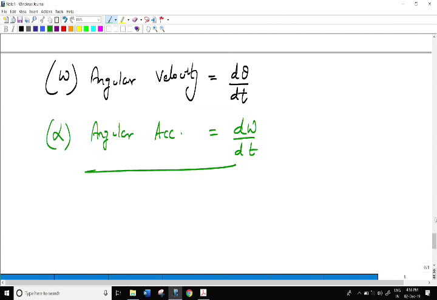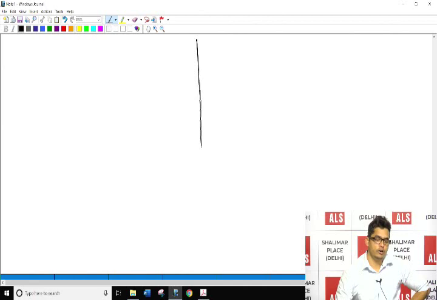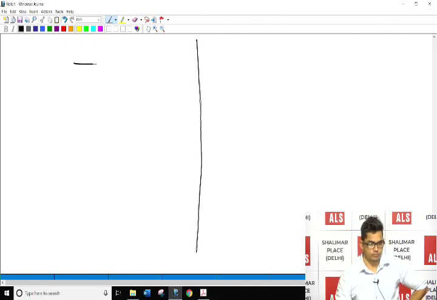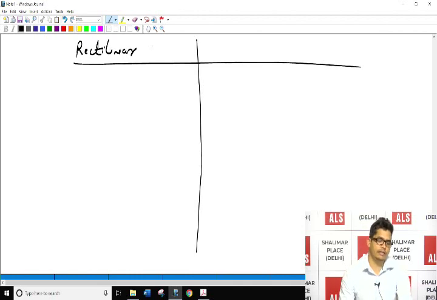Done? All right. So let me tell you the correlation between the angular motion and the translational motion. This is motion in a straight line, or rectilinear motion.